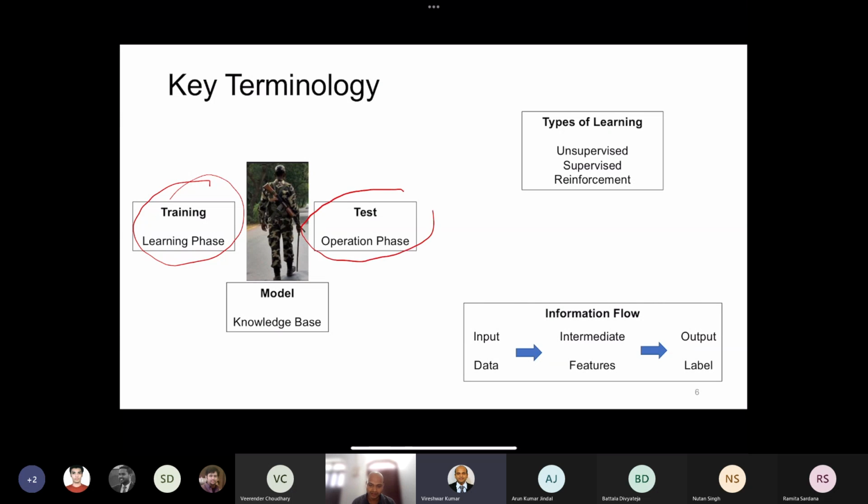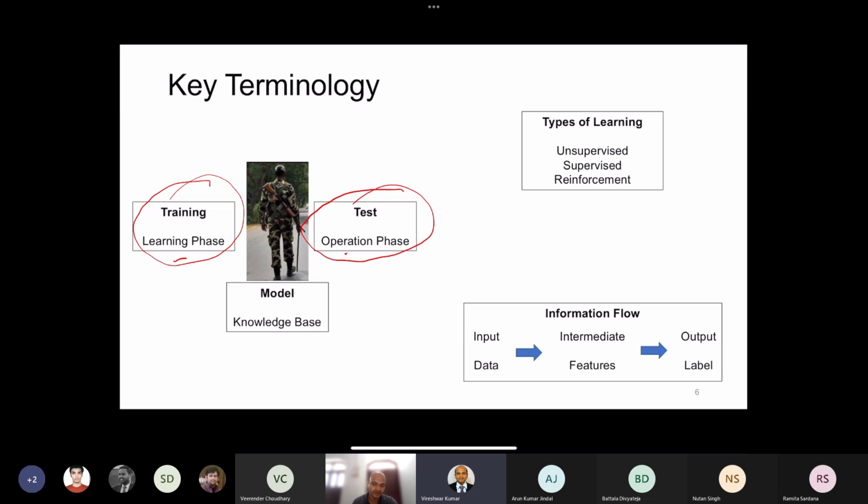And then in the operation phase, you actually want that machine learning algorithm to tell you, given an input, whether it is a COVID scan or a normal scan, and that is the second phase. So we have a learning phase and we have an operation phase.